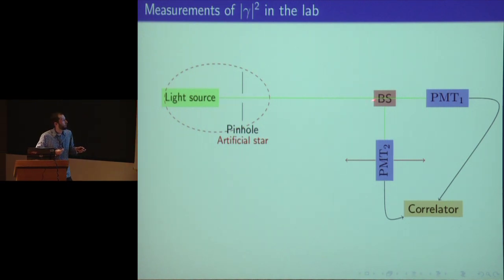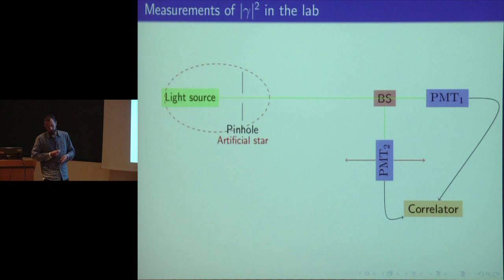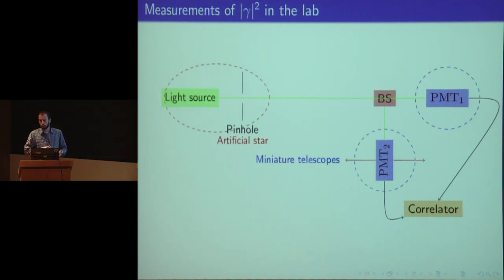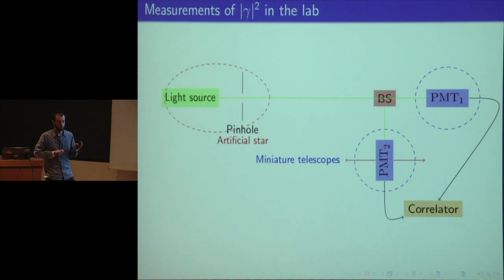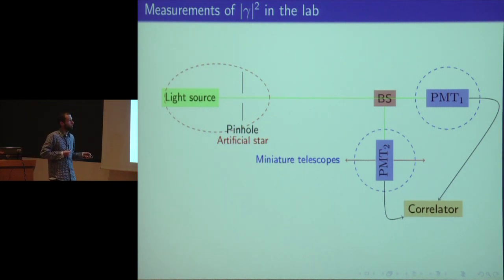And you have a beam splitter, and you have 2 very fast detectors. And these detectors are your miniature telescopes. Now the beam splitter is put there so that you can effectively place the two PMTs at zero baseline, so at maximal correlation. And then one of them can be moved to change the baseline.